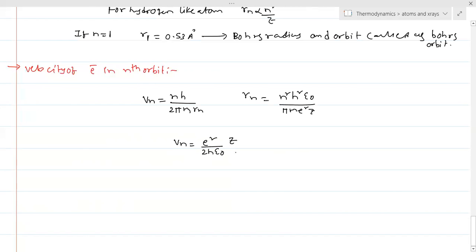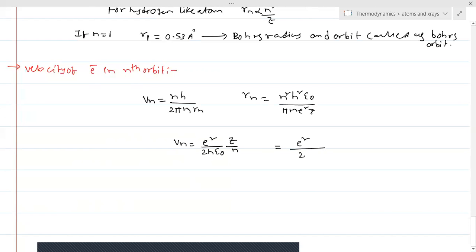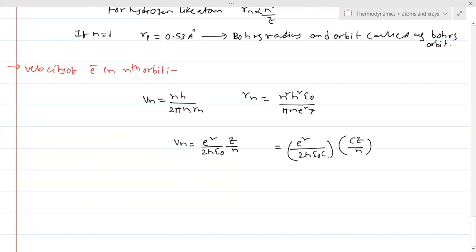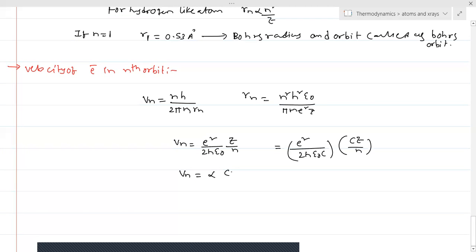But for our convenience, we are modifying it into the form e square by 2h epsilon naught c into cz by n. We are calling e square by 2h epsilon naught c a constant, so Vn equivalent to alpha into cz by n.